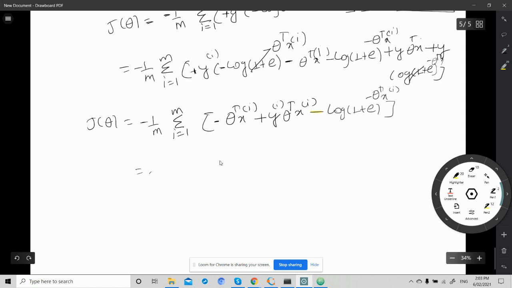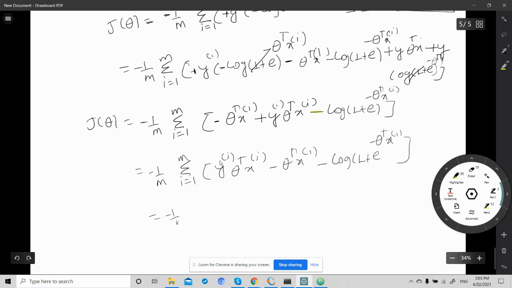Now again minus 1 by m sigma i equals 1 to m, yi theta transpose x of i, minus theta transpose of x of i, minus log of 1 plus e to the power minus theta transpose x of i, minus 1 by m sigma i equals 1 to m yi theta transpose of xi.